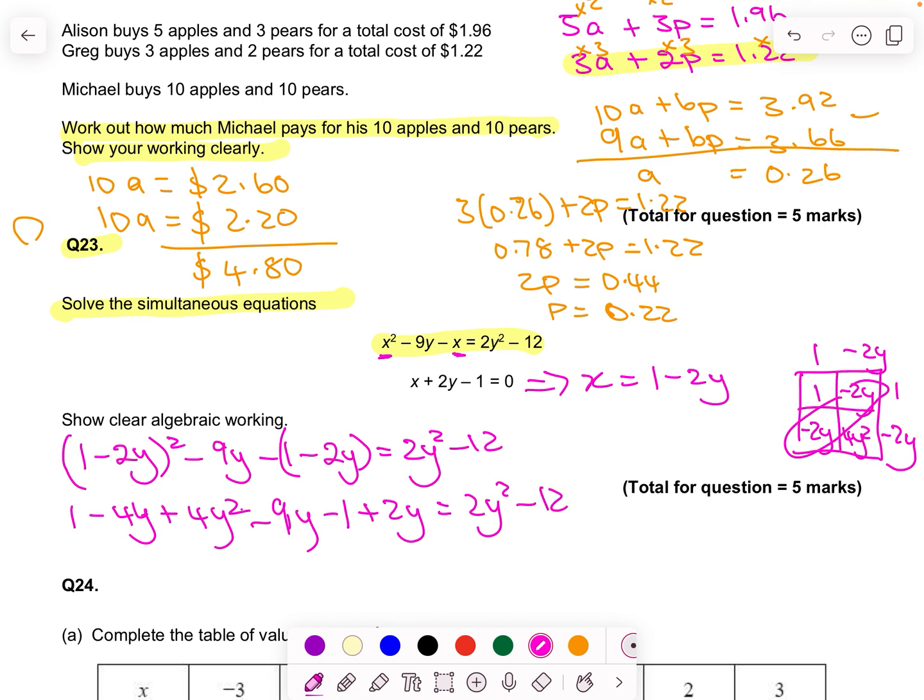Right, we've got a lot of tidying up to do. So I am going to bring all my y squareds together. So let's do it all in one go. So I'm going to do 4y squared, take away 2y squared. And that gives me 2y squared.